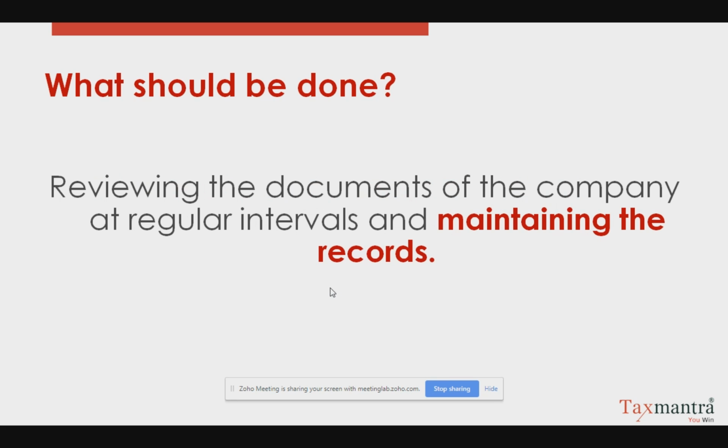Linking it to the point where we talked about maintaining the statutory registers, there might be a case where a new person is onboarded, so you should update the register at that point of time. When you sit after a period of 1 month or 2 months or 3 months, whatever it is, you can update the records. So this helps.